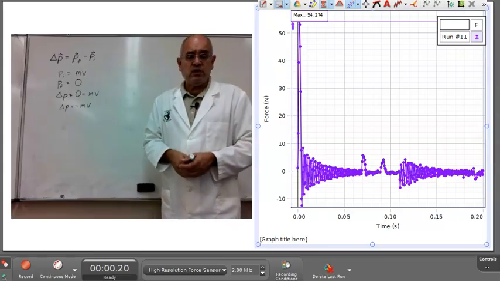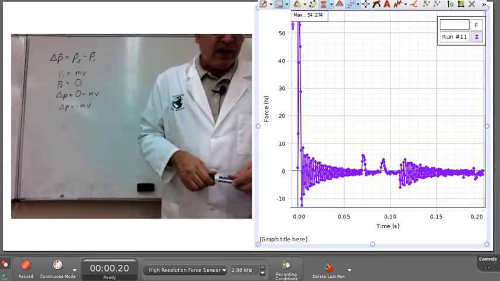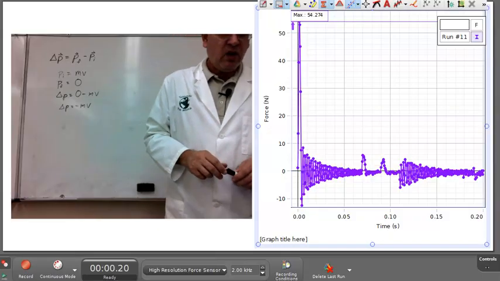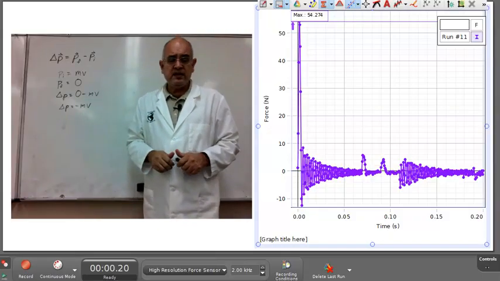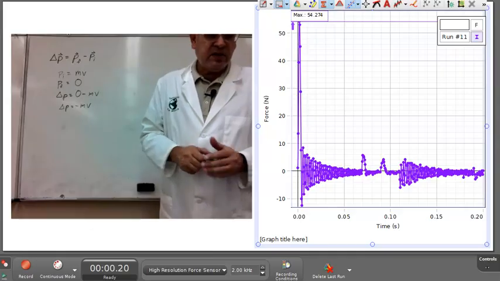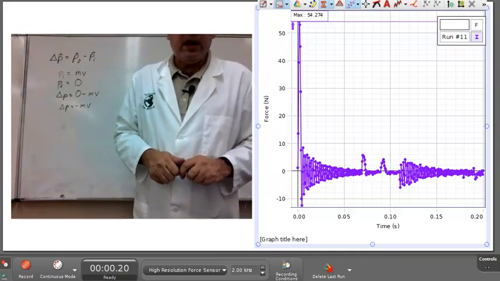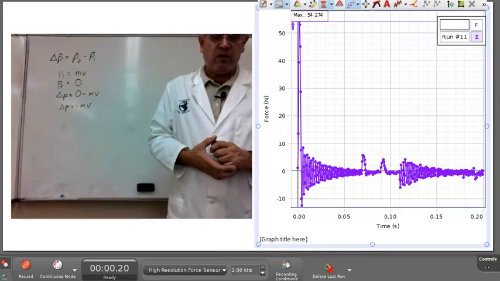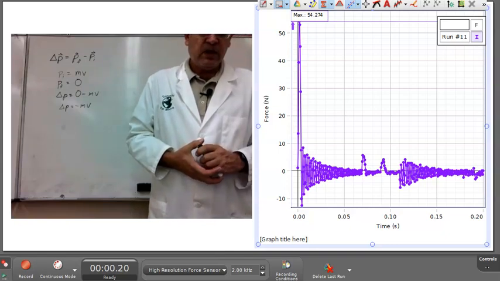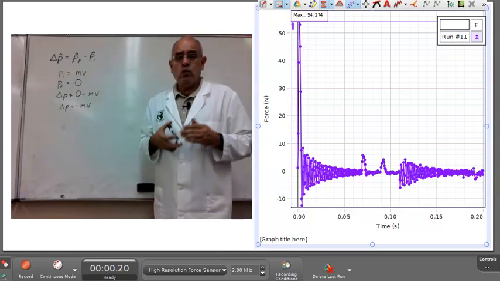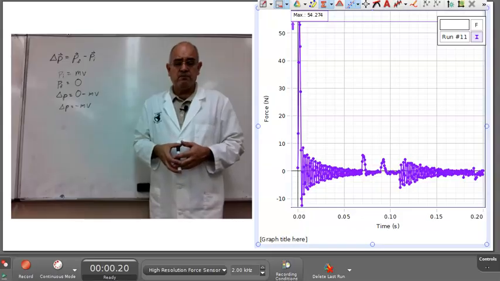This is where we're going to get into another definition. On page 184, we have a definition called impulse, written as J. Impulse is defined as the force applied to an object multiplied by the time interval you apply that force. This impulse will cause the change in momentum.